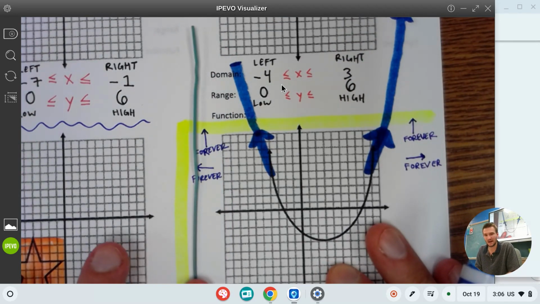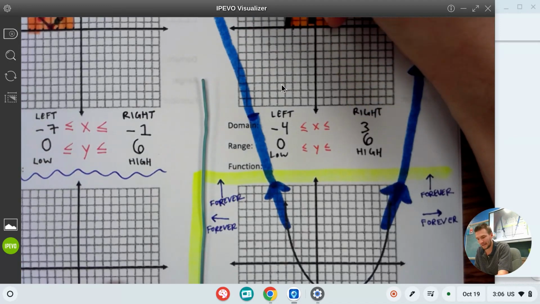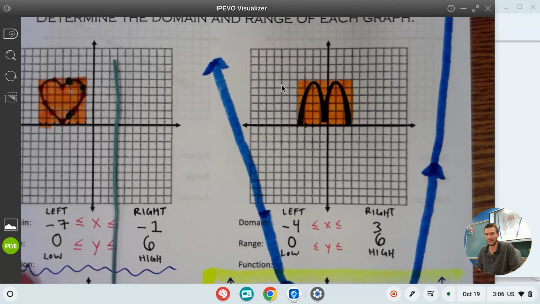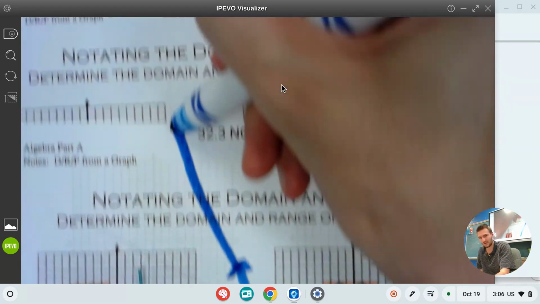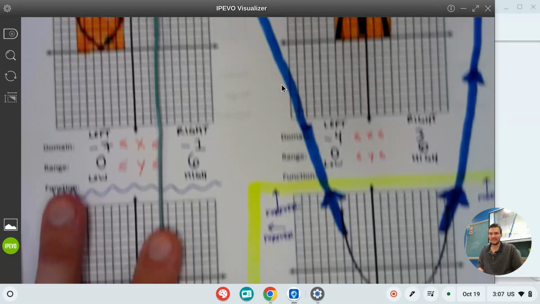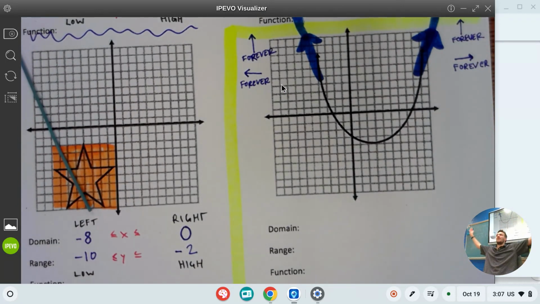Could I find the graph over here? Yep, because it's going to keep going and it's going to be over there eventually. Could I find it over here? Yes. The graph goes forever in both directions.